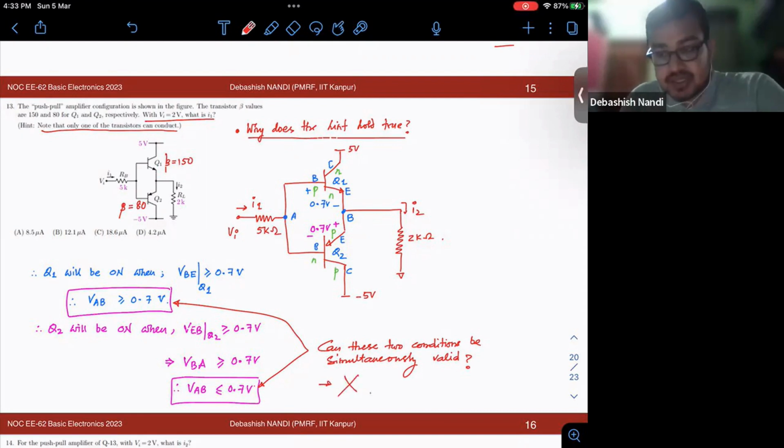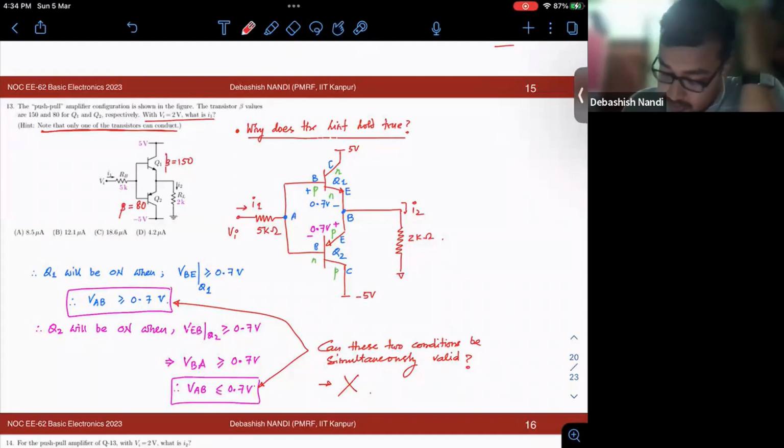You can think of it this way: your battery is connected and you just reverse the polarity. At the same time, you cannot make it 3 volt and minus 3 volt between two terminals at the same time, right? So that's why you will have one transistor on at a time, another transistor in cutoff mode at the same time. Note that only one transistor can conduct.